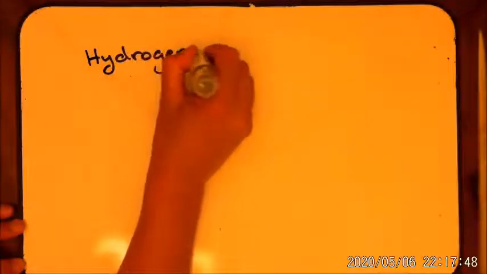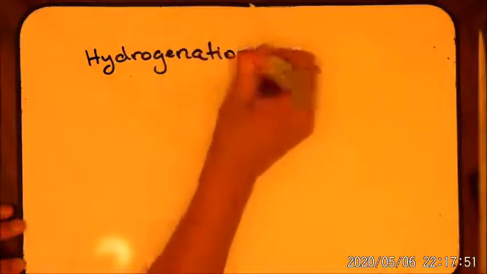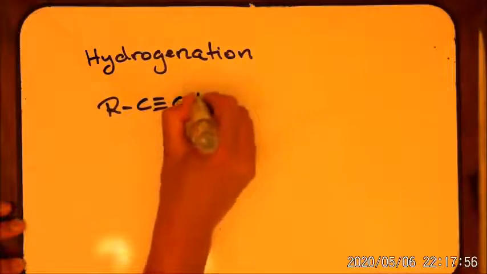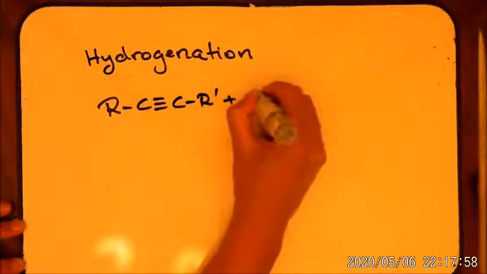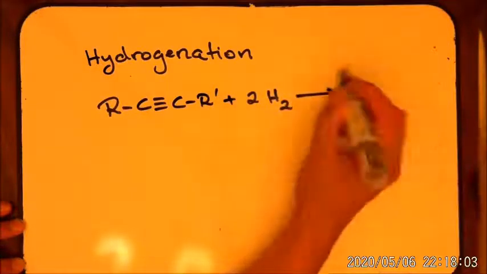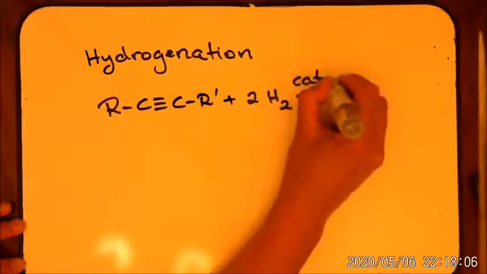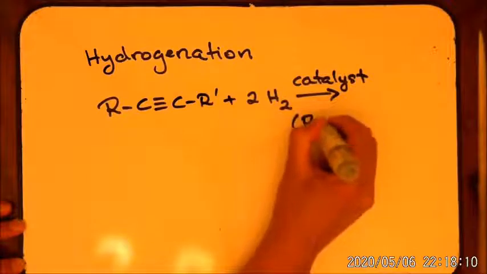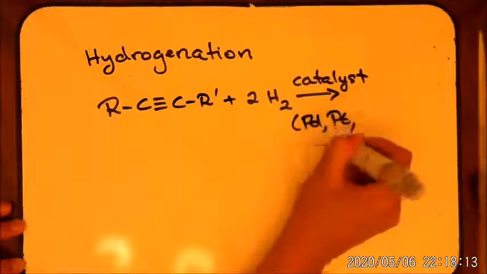When we do hydrogenation, what we do is we take our alkyne, we add a minimum 2 equivalents of hydrogen, and then we have a catalyst, typically palladium, platinum, or nickel.